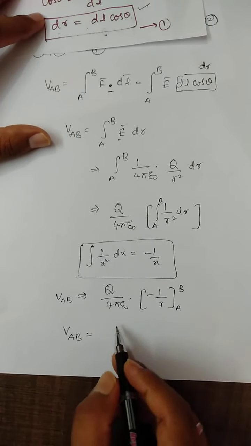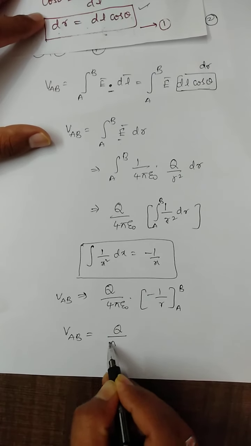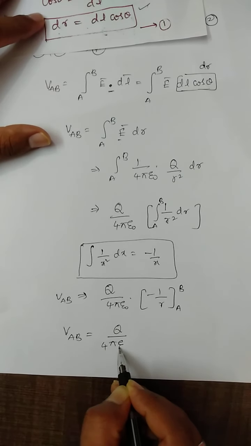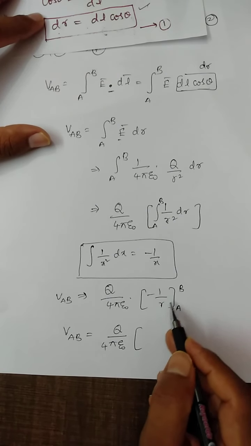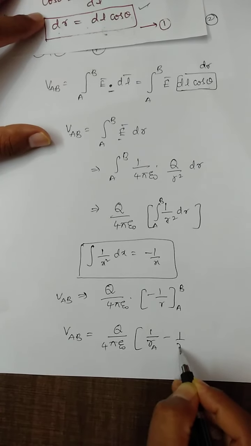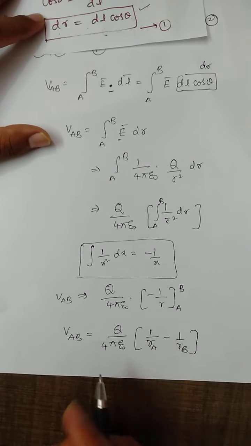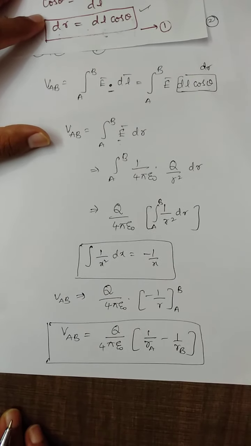If I substitute these limits, with the minus, lower limit minus upper limit, I can write VAB equals q divided by 4 pi epsilon naught, 1 divided by r_A minus 1 divided by r_B. You might have done this in integration, so I am writing this step directly.